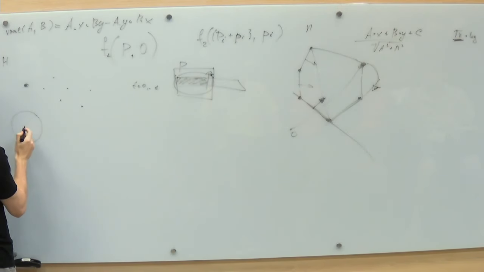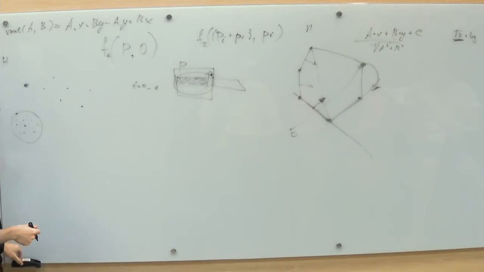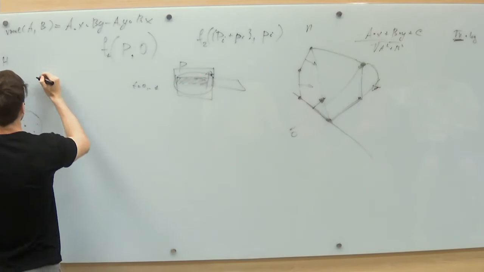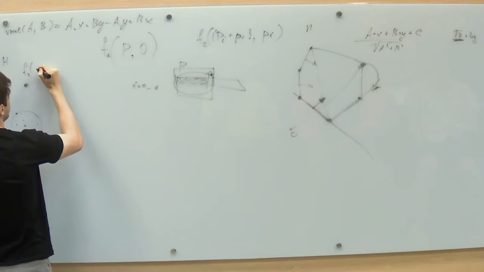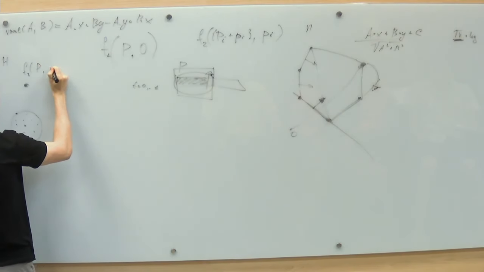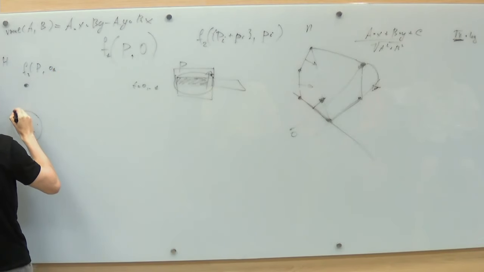We, for example, have some circle with the point on the boundary, and this circle is the optimal circle for some prefix of this set. So consider F2 with this point, let's call it O1.